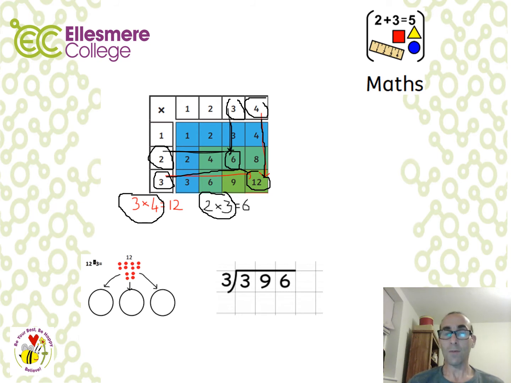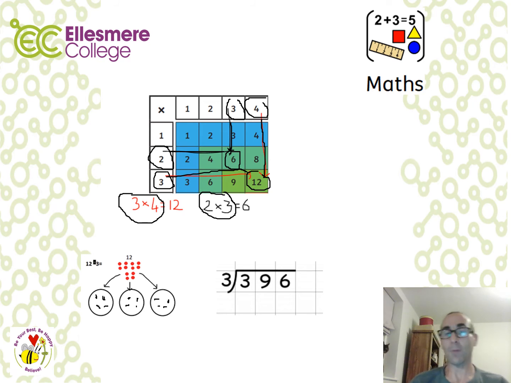In terms of division, if it's a very straightforward and simple number, we can simply do a sharing method where we take our counters and we can add our counters equally into the number that we are wanting to divide by. In which case, in this example, 12 divided by 3 gives us 4.